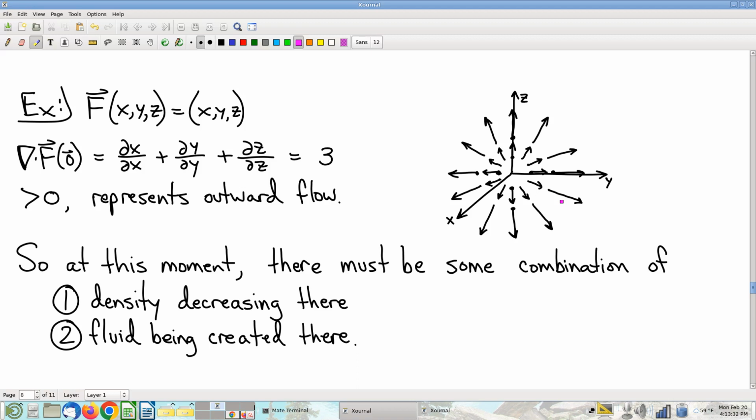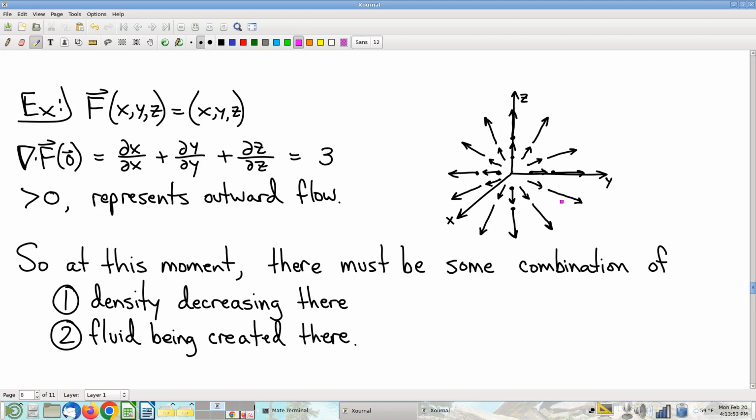If that's the case, then let's think about how many birds there are in the vicinity of the tree, and how is that changing as they fly away? Well, a positive divergence here, outward flow, birds leaving, I'm going to have fewer birds over time.